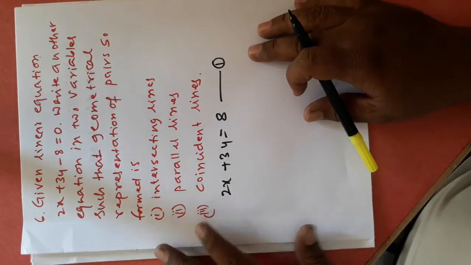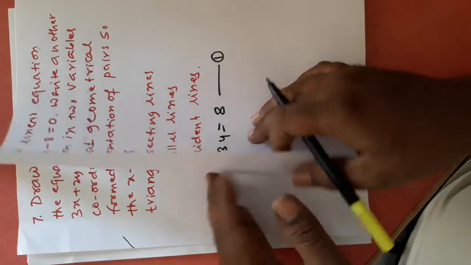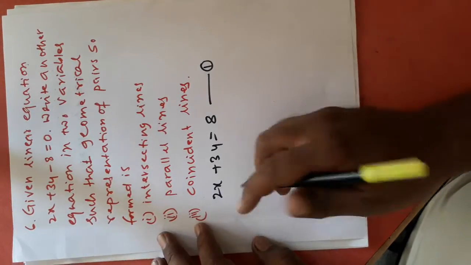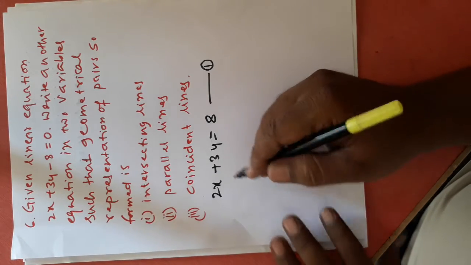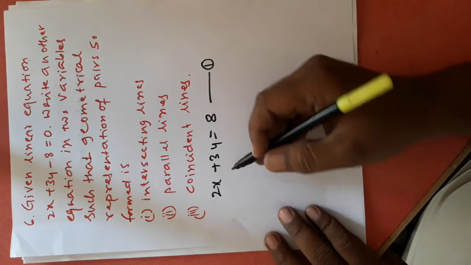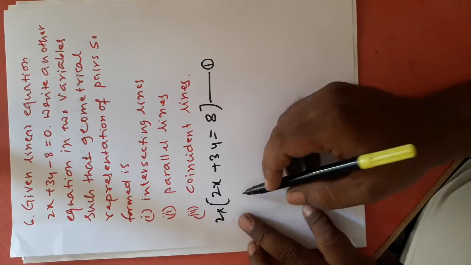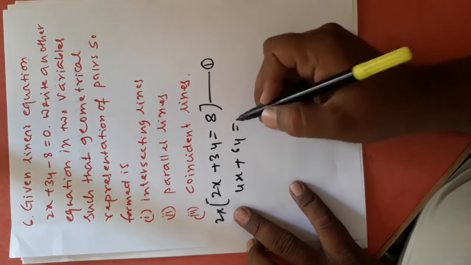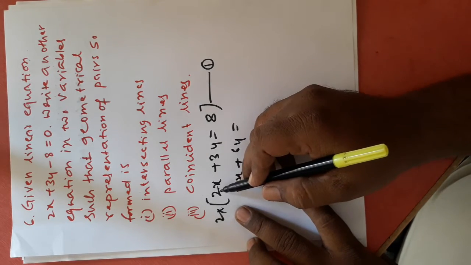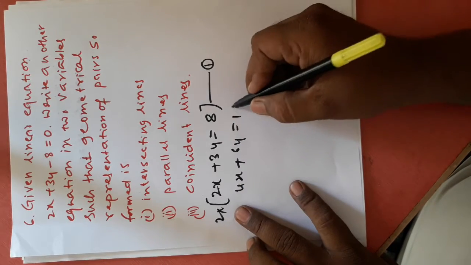See, we know the geometry, we know the algebraic conditions. Suppose I multiply this line by 2, then what will we get? Then it will be 4x plus 6y is equal to 2 into 8, 16.